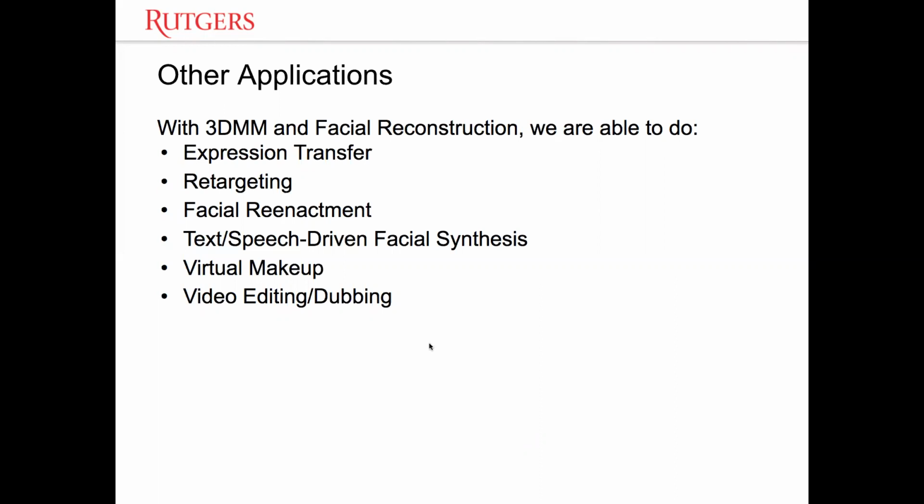So because we're using the 3D morphable model, once we reconstruct the original image to a 3D face model, we can tweak the blend shape values in 3D and create new expressions, render to image to create a new image. So applications include expression transfer.